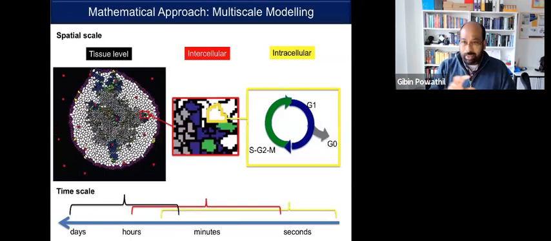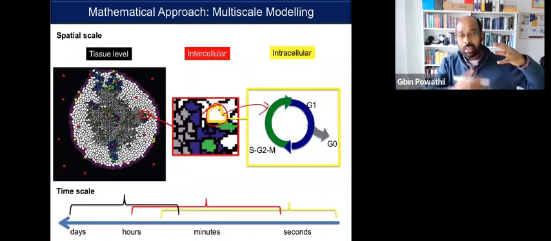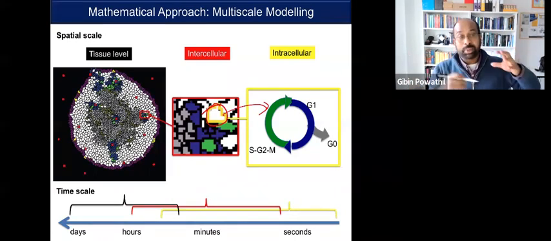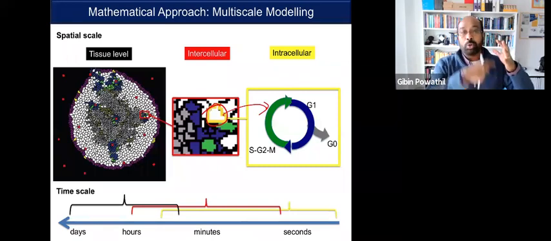So just to give a brief idea of what we are doing, we do consider cells. So for example, this is a cell. Each cell has its own internal processes. For example, we can include cell cycle dynamics. Cells go through a cell cycle to grow. It's like the growth cycle.